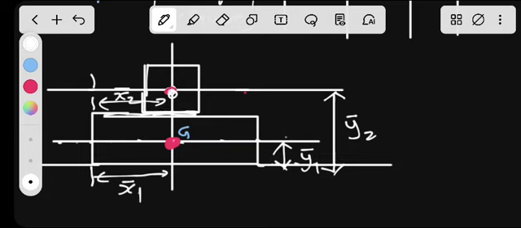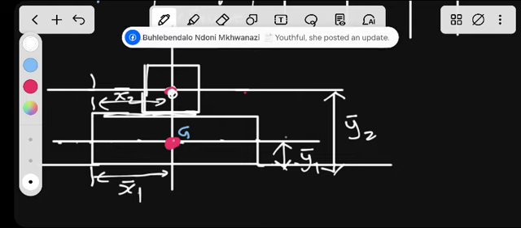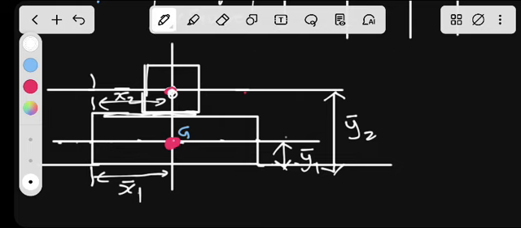But now, since we have the combination, how can we find the centroid of the combined object? That was the centroid for each.